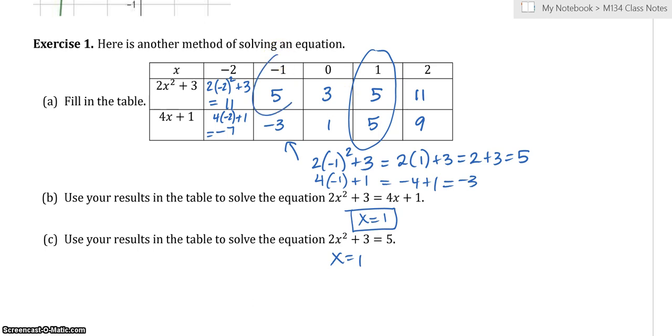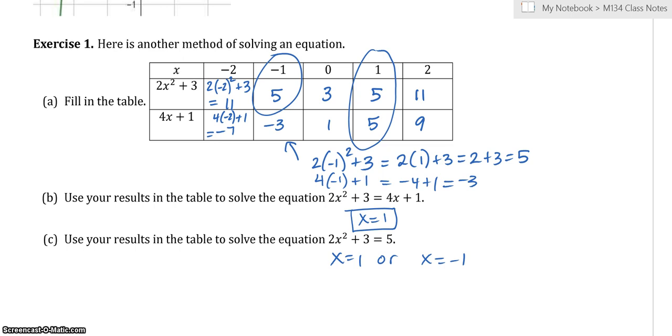But you can see here there's another one, and we're not going to use that second column, just the first one, because again, this is that first column. And you can see x is also equal to negative 1. If I plug in negative 1 there, it is also 5. It didn't work for part B because we would plug in negative 1 on the bottom one. It's not also 5.